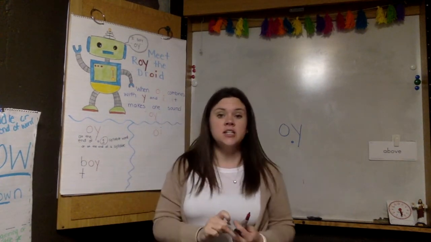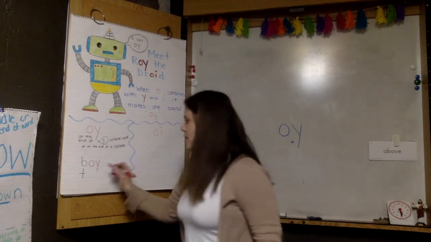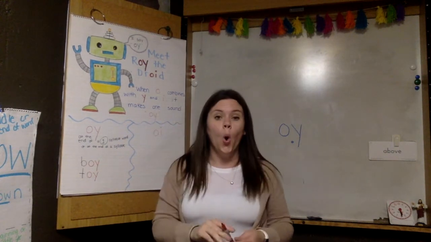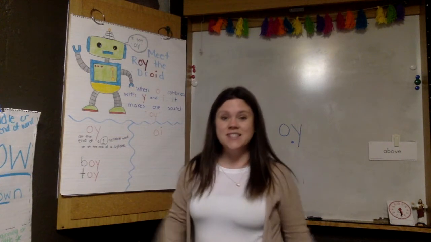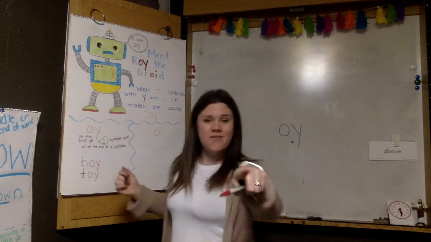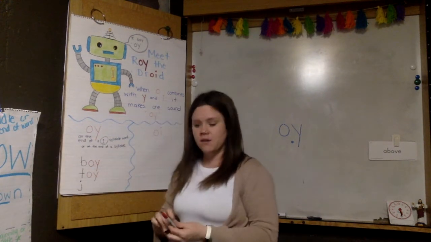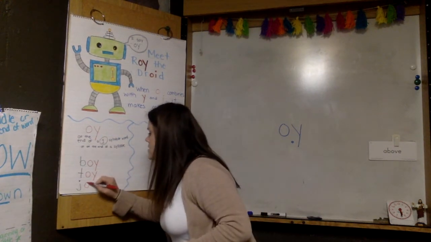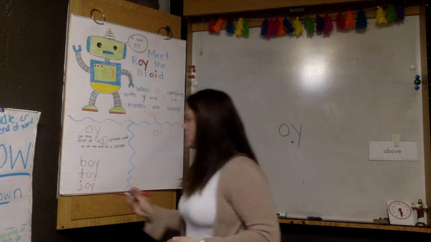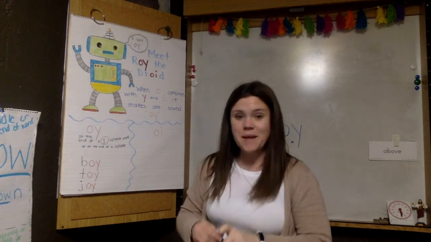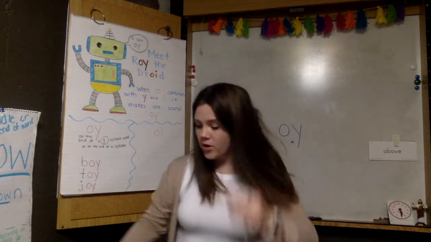T says t. And OY, the end of a one syllable word, O-Y. Toy. And last but not least, joy. You give me so much joy. J. O-Y says joy. So those are our OY spelling words for the week. Sorry, guys, I'm dropping my markers here.